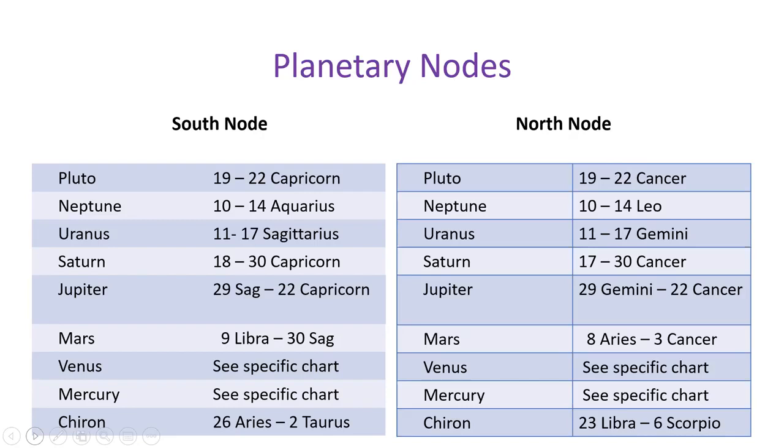Uranus' South Node is traveling 11 to 17 degrees of Sagittarius, and its North Node 11 to 17 degrees of Gemini. And if you've been watching the transits, then you will know that Neptune is about 16 degrees of Pisces, which is forming a square to the Uranus nodes.